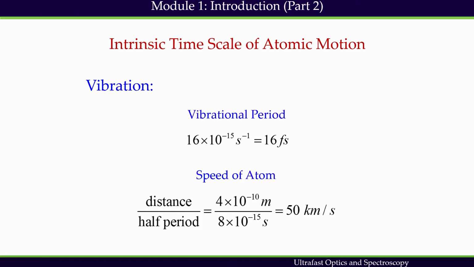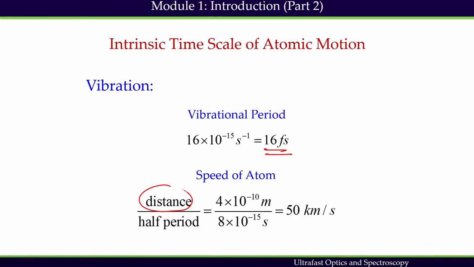If we look at the vibrational period of 16 femtosecond one more time, and try to find out the speed of the atom during the vibration, then we have to assume that the critical distance traveled by the atom during dissociation is 4 angstrom. Let's say once the two atoms are 4 angstrom apart, I will call the bond dissociated, the bond is broken.